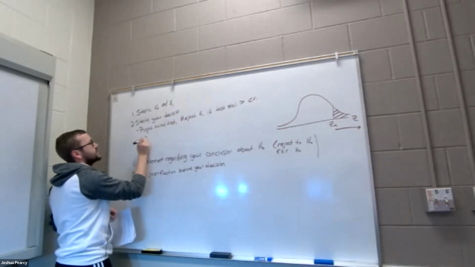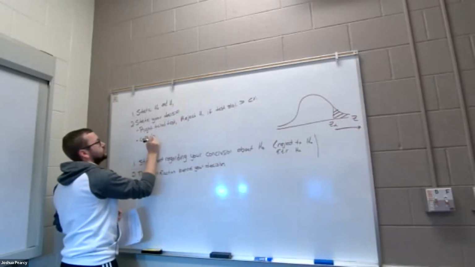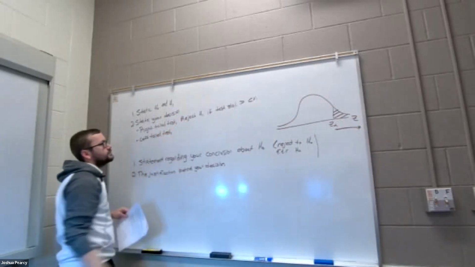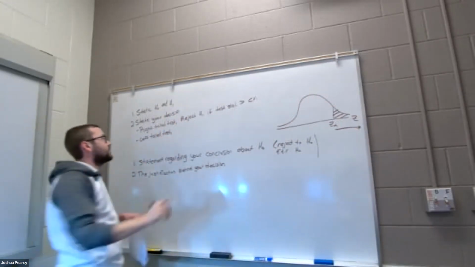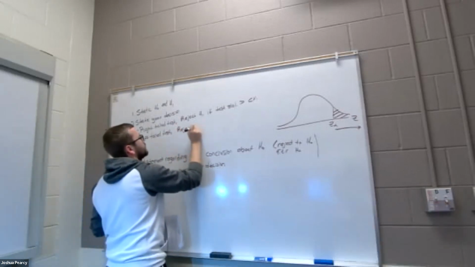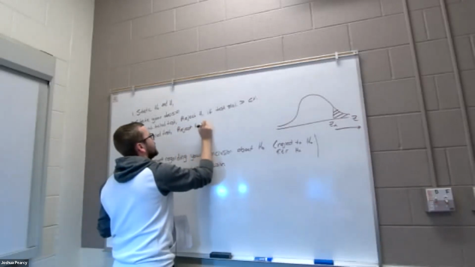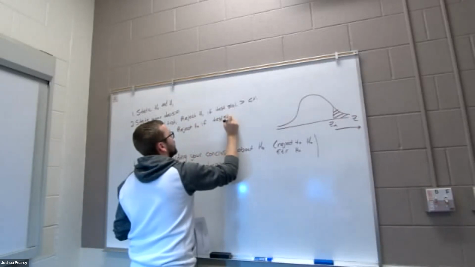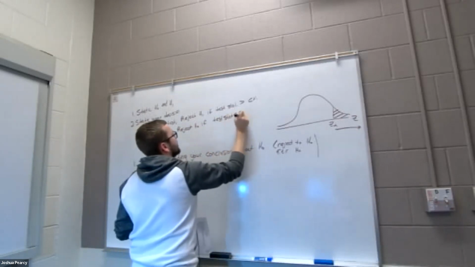For a left-tailed test, what do you think it is? Yeah. So in that case, you would reject the null hypothesis if you get a test statistic less than the critical value.